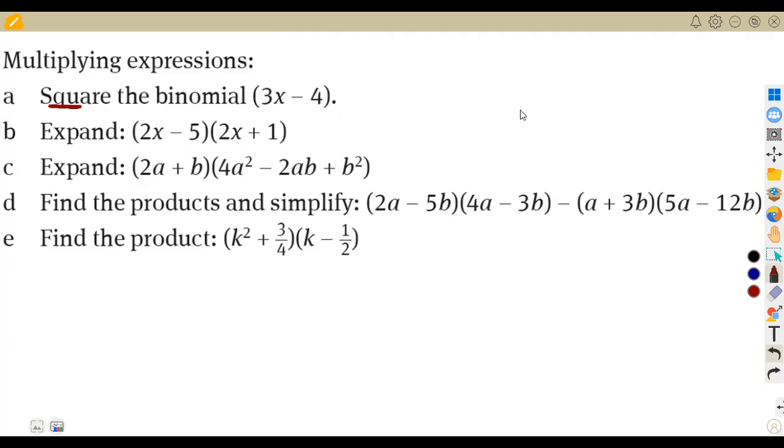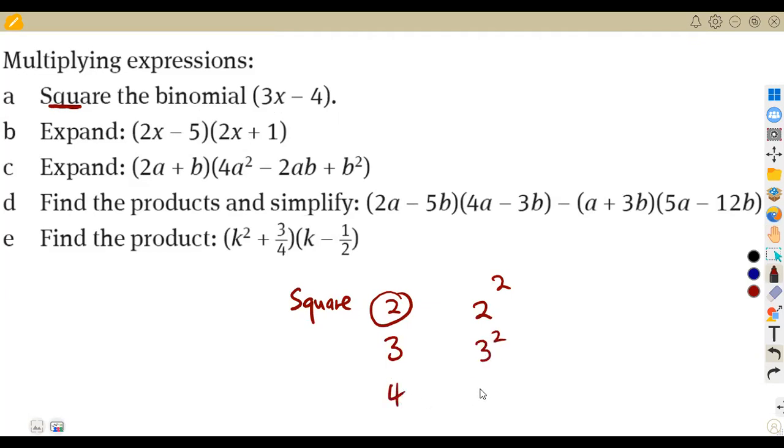All right, let's consider the word square. To square a number or to square a term or to square a bracket. That is to raise that term or bracket or that number to the exponent of 2. That is to square. If it is to square 2, it means 2 to the exponent of 2. If it is to square 3, it means 3 to the exponent of 2.